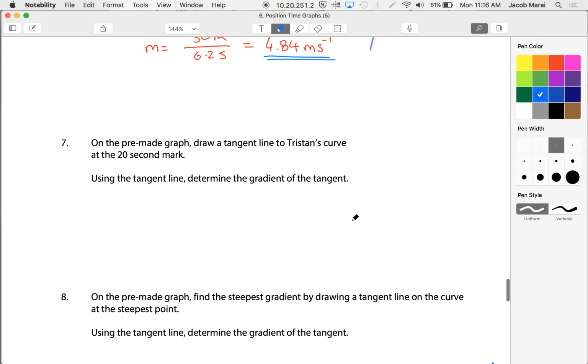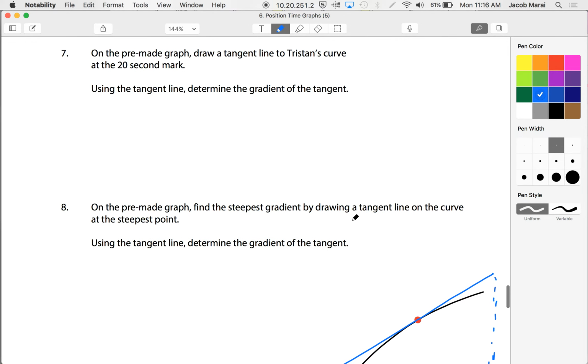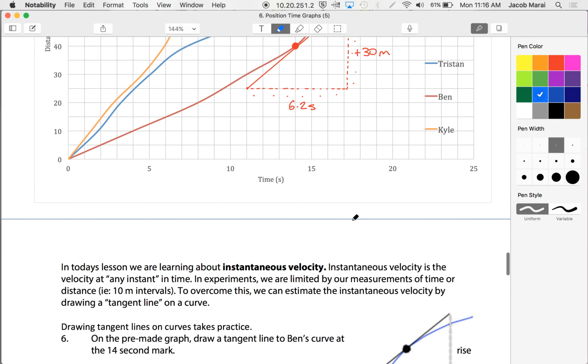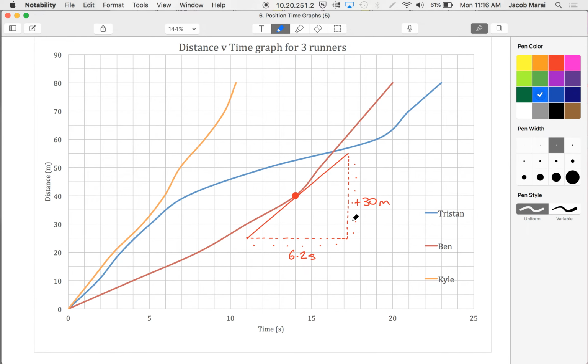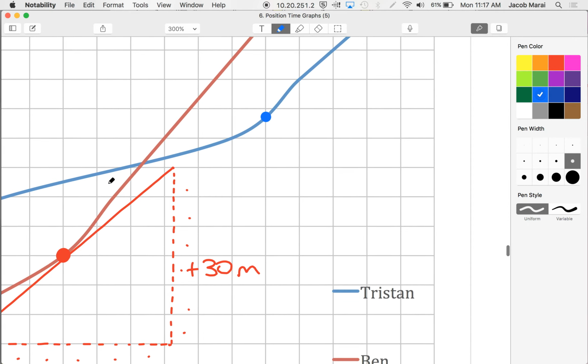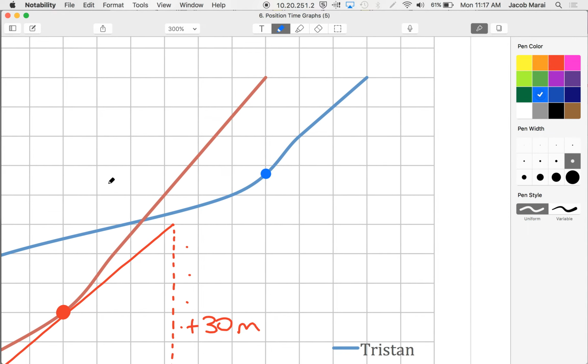Next, Tristan at 20. Tristan at 20 is blue, and we're going to go up to there. And hopefully your previous gradient line isn't going to interfere. So again, don't try and get your tangent line to intersect with any of the horizontals or verticals.